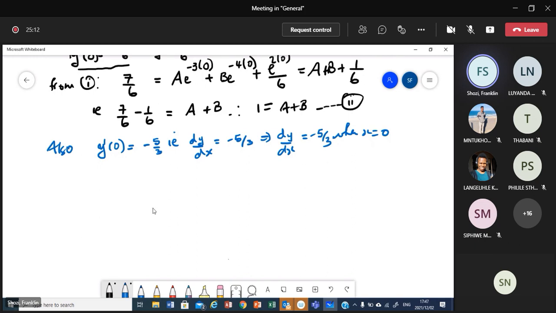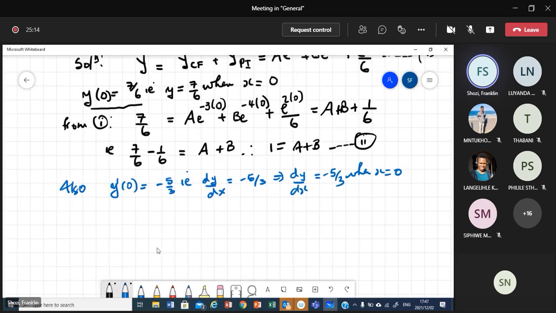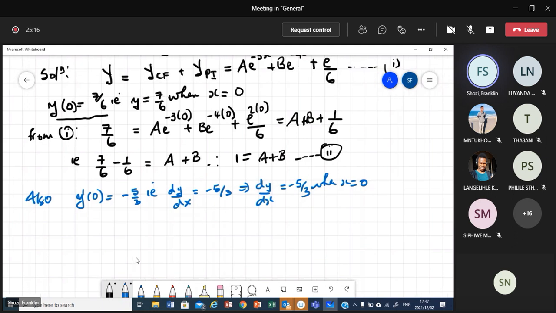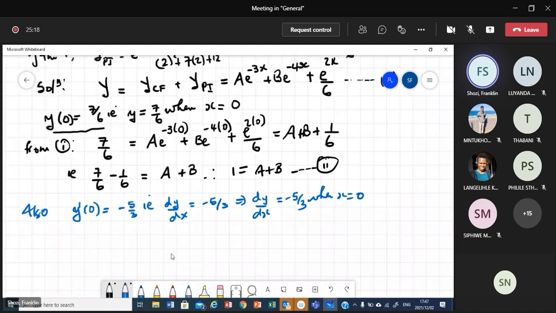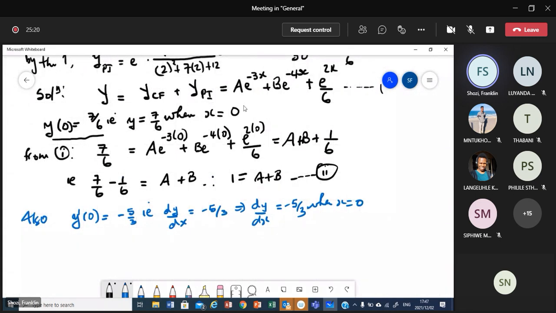Now we don't have the derivative. We need to differentiate the general solution. Where is our general solution? There is our general solution up there. So we find the derivative of our solution.